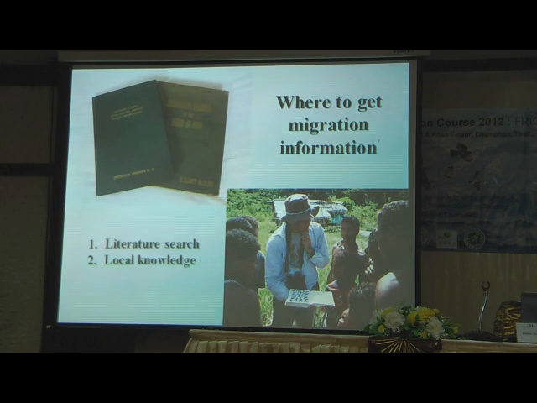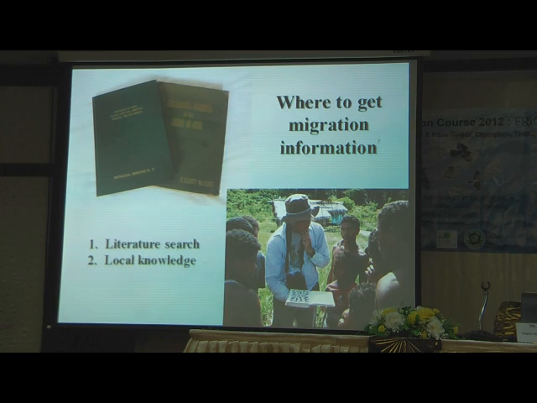Okay, I think quite a lot of us here already have some sites where they are doing monitoring. But for those who want to start to do observation of migration, or who already have sites but want to find other sites, one of the best ways to look for new areas is to do a literature search.